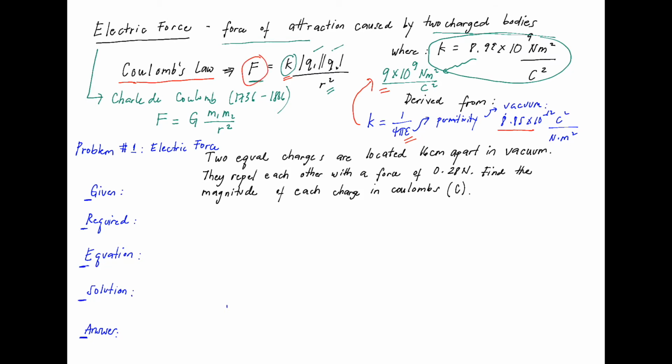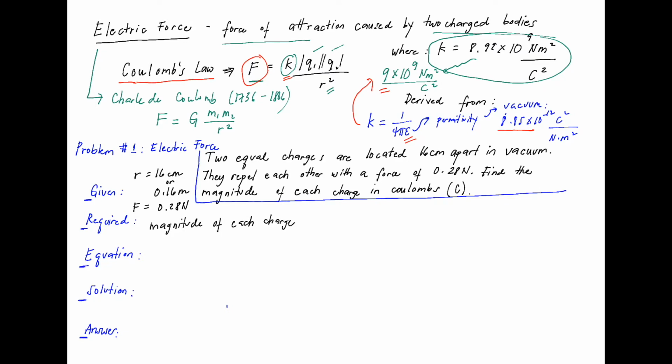So in our problem, two equal charges are located 16 centimeters apart in a vacuum, and they repel each other with a force of 0.28 Newton. Find the magnitude of each charge in coulombs. So we have to write now our given and the required for the problem. So we write now the given.